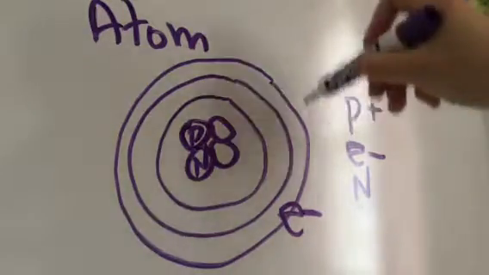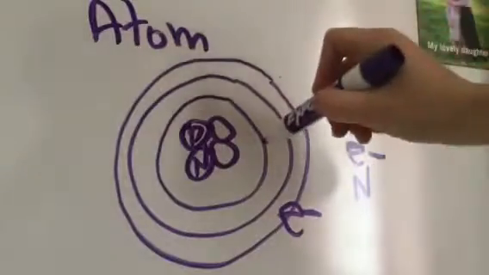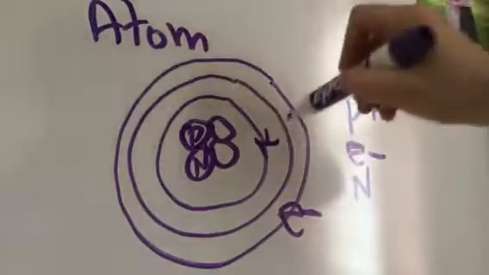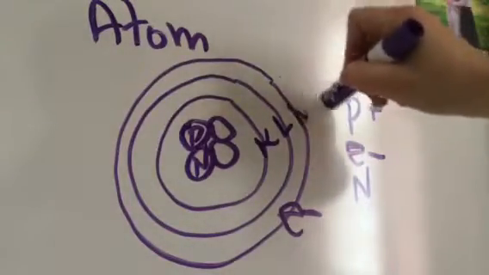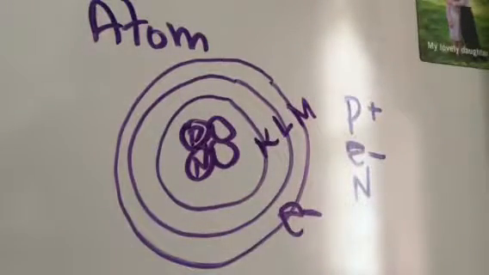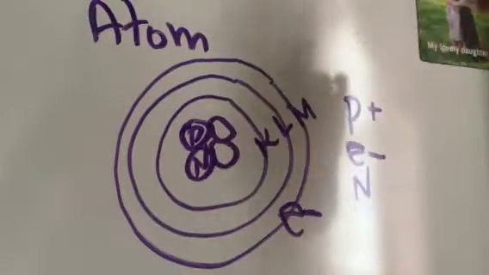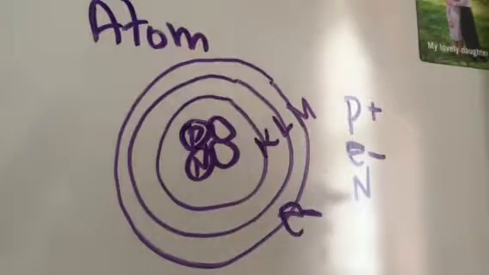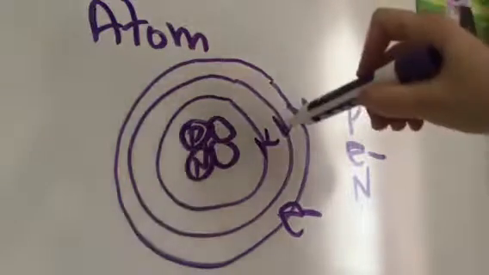These shells here have names. The first one is called the K shell, then L, M, N, O, P, and Q. That makes 7, I believe. And the concept here that is very important is that each shell has binding energy, or another word would be electrostatic force, I think it's called that.